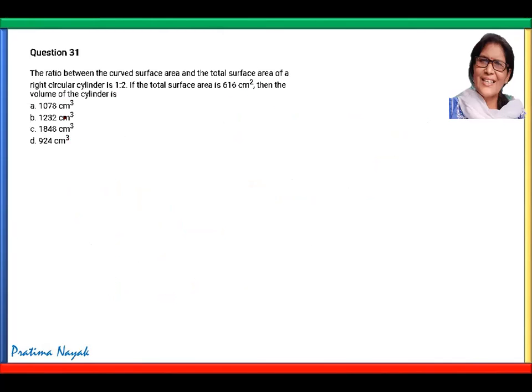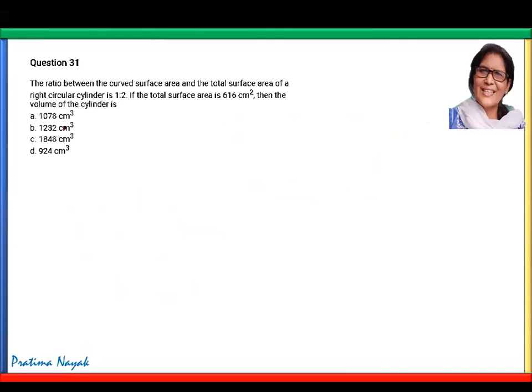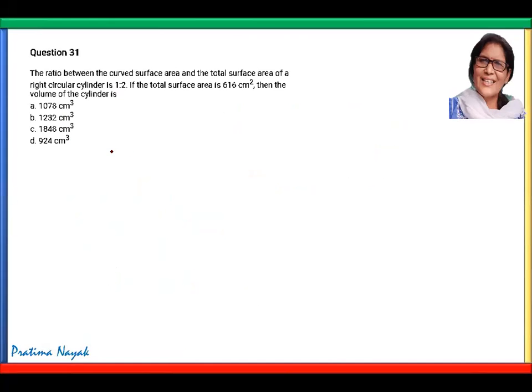Now question number 31. The ratio between the curved surface area and total surface area of a right circular cylinder is 1:2.